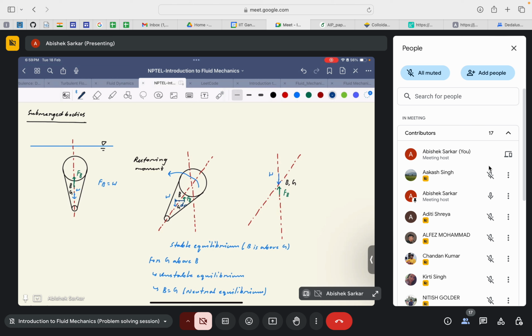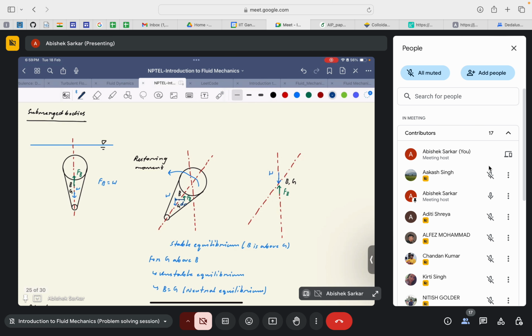Since these two forces act in opposite directions and are separated by a distance dr, they constitute a couple. You'll see that this couple, or moment, is in the direction opposite to the direction of our displacement. So since to displace this body we have to apply a displacing moment, let me just name it as displacing moment.